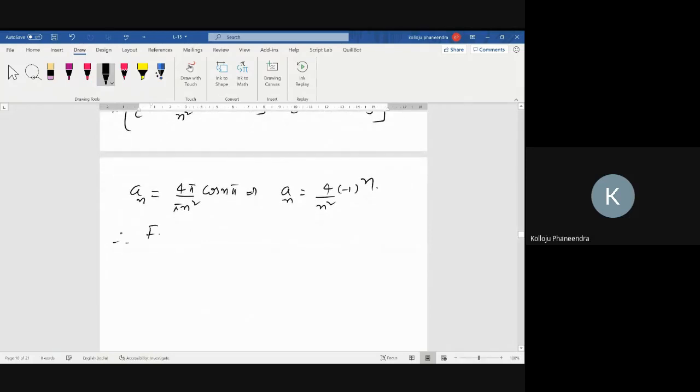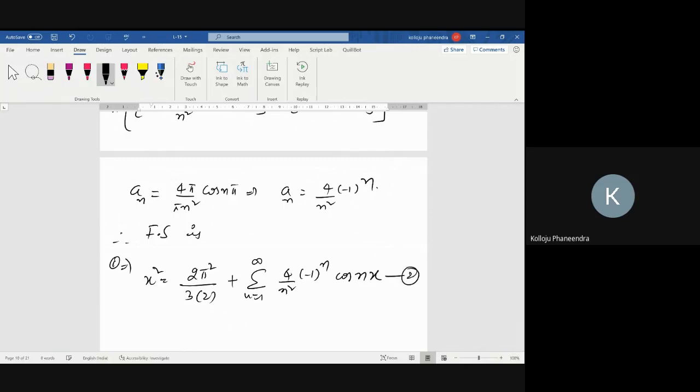Therefore, the Fourier series is, equation 1 implies the left side f of x equals x square, and what is a naught? 2 pi square by 3, divided by 2, plus summation n is 1 to infinity 4 by n square minus 1 whole power n into cos nx.